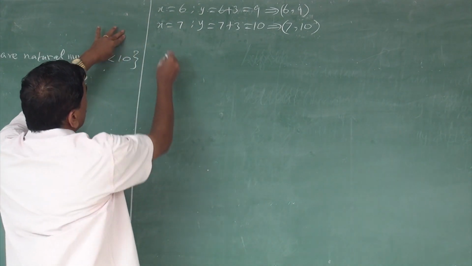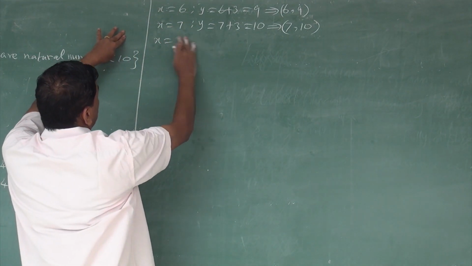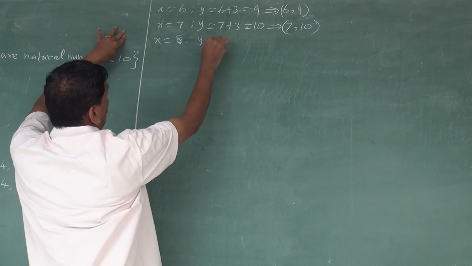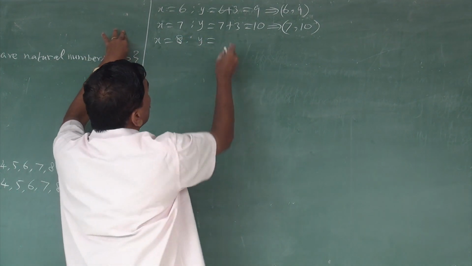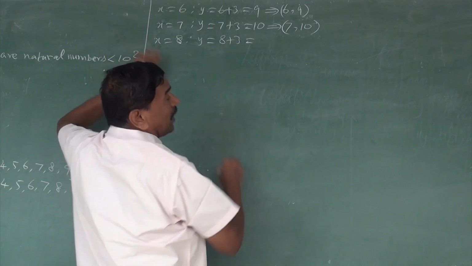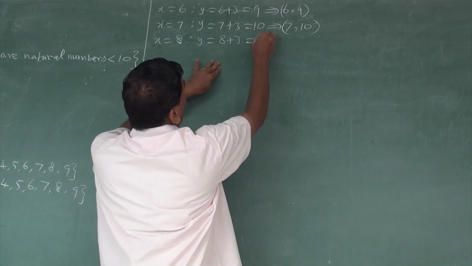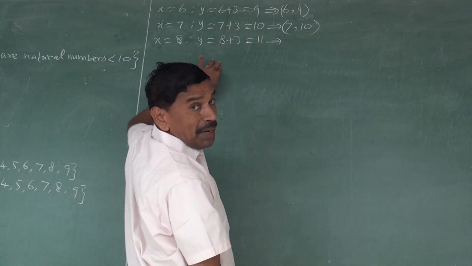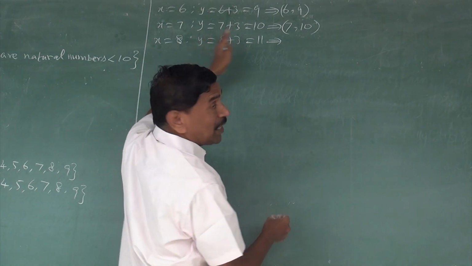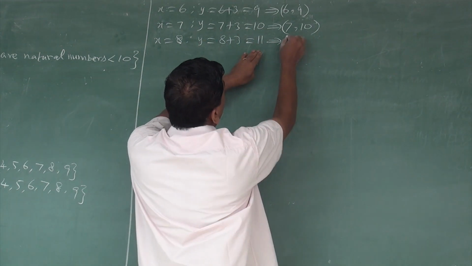Yes, 8. So x equal to 8, y is equal to 8 plus 3, which is 11, so the ordered pair is 8 comma 11.